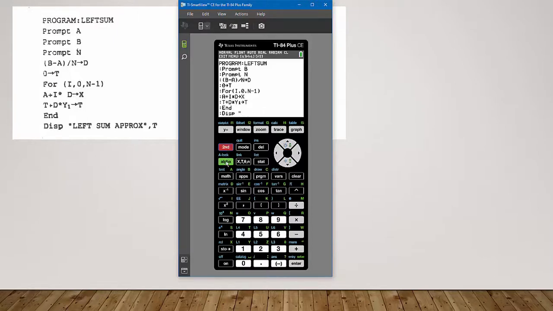I'm going to alpha lock my keyboard here. So left. Then I need a space. This is the space right here. So left sum approximation. I'm just going to do approx.